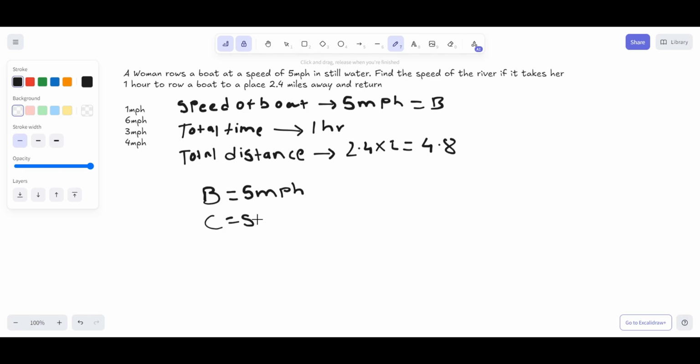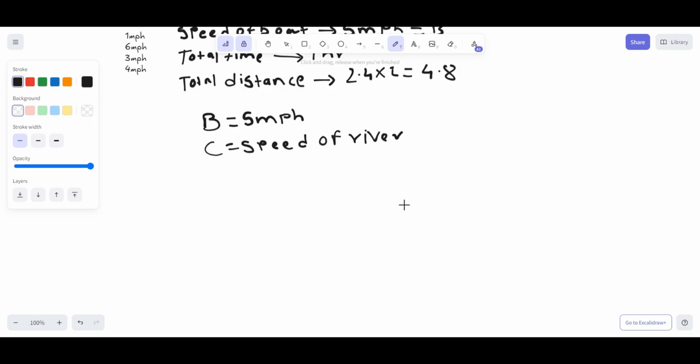So c is equal to the speed of the river. So we have to find c. Next, the upstream speed and downstream speed we can calculate. These are actually standard formulas. So first we will write the downstream speed.